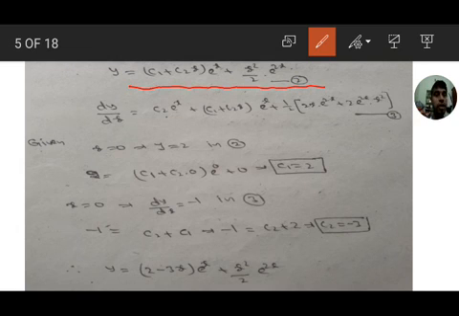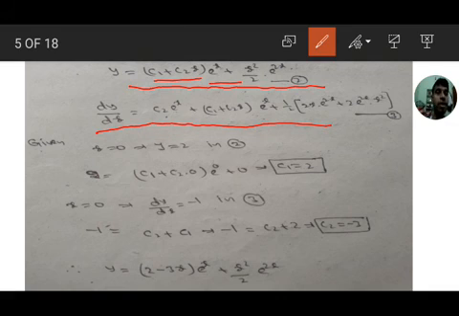Then derivative dy by dx equal to, it is u into v method, u dash c1 derivative 0, c2x derivative c2 into e to the power of x, u dash into v plus v dash, e to the power of x derivative e to the power of x into u, c1 plus c2x.